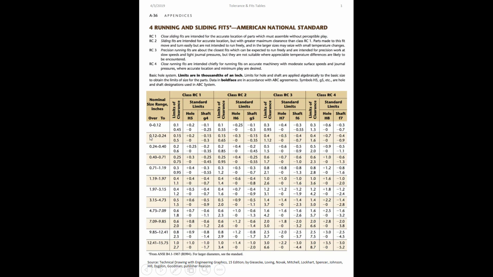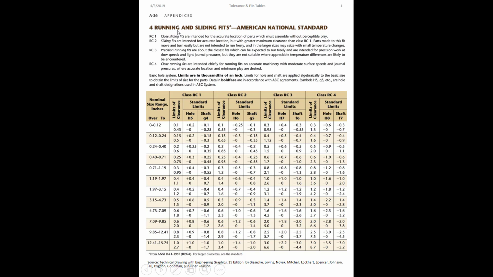This means any diameter greater than 0.12, I'm going to use this row. If my dimension is exactly 0.12, I'm going to use the first row.